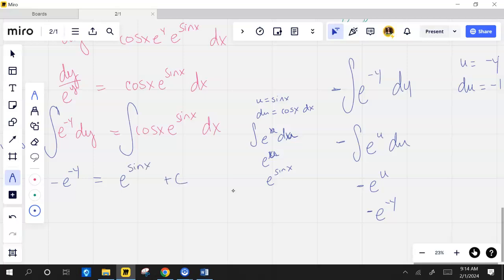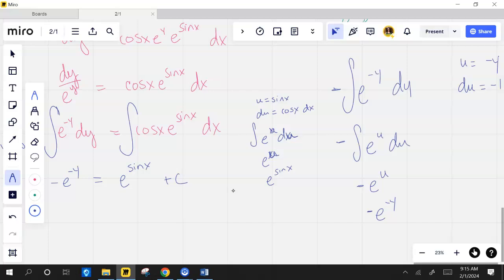Well, the first thing I'm going to do is solve for C. Why would we not add a C on the left side?